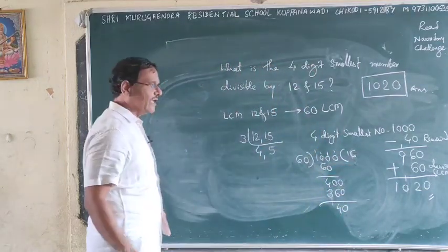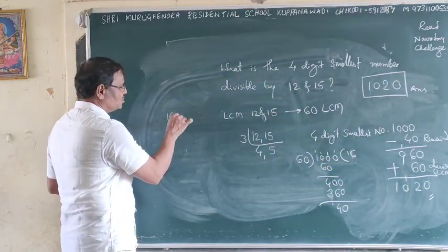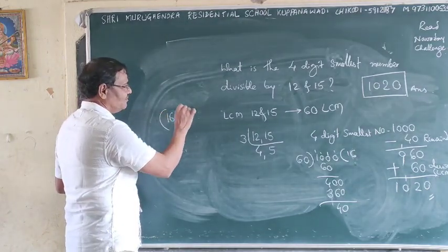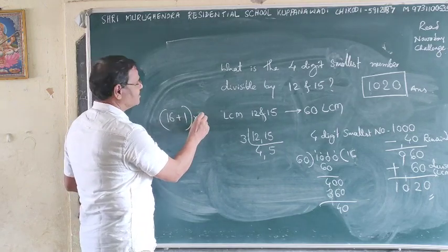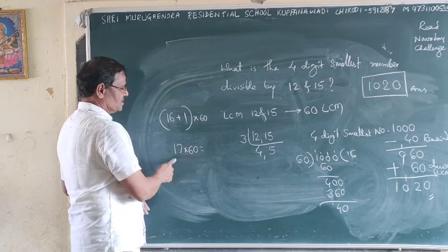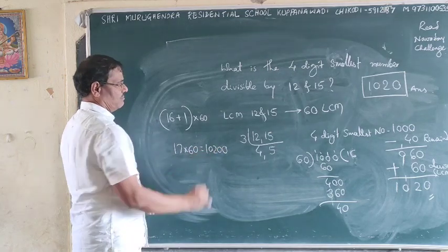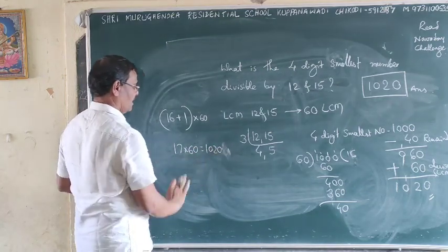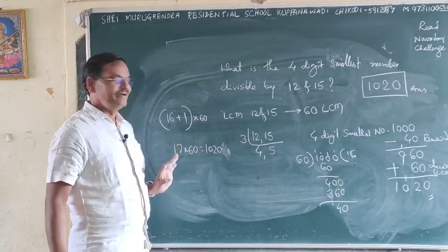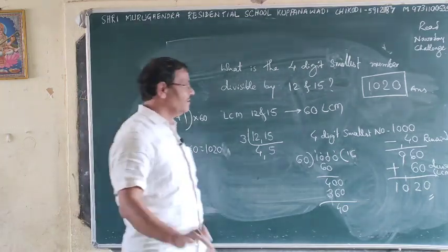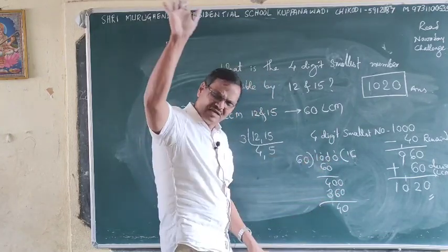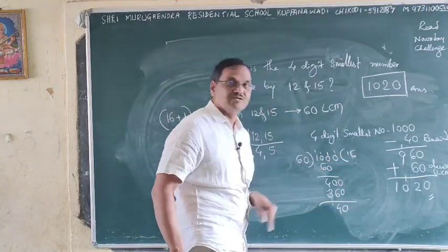Either some will do like this: 16 plus 1, 17 into the LCM 60, 17 6s are 102, 0. See, why is it plus 1? 60 16s, that much number, it gives this much.